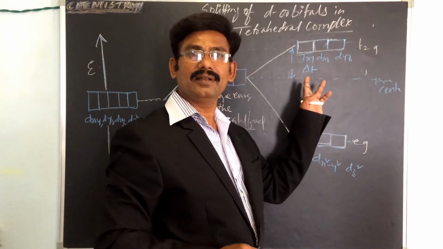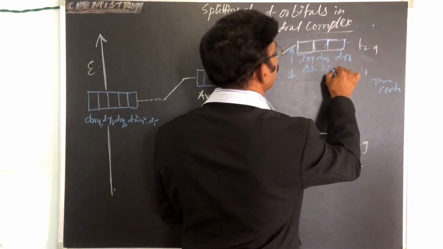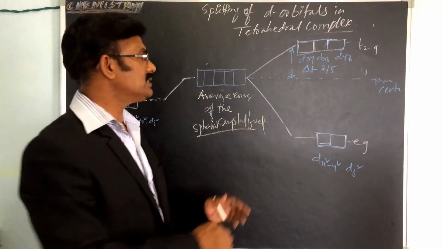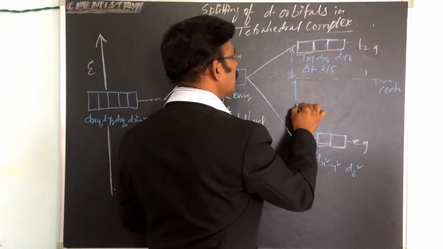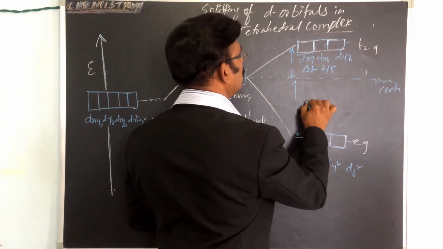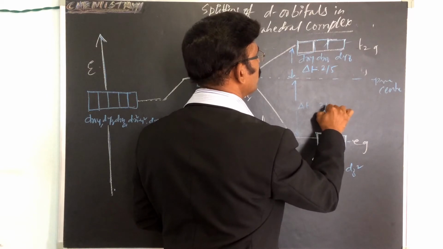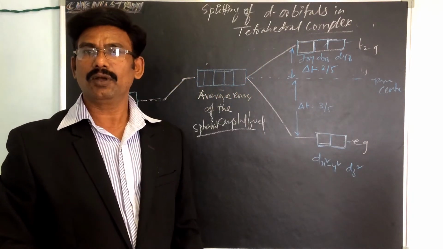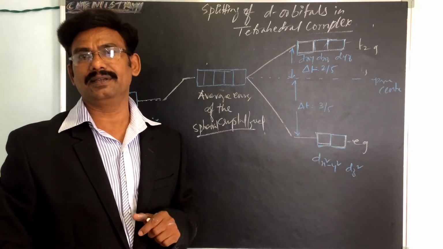That is 2 by 5. Delta T value is 2 by 5, whereas here delta T is 3 by 5. Okay, the energy difference is 2 by 5 delta T from the barycenter.